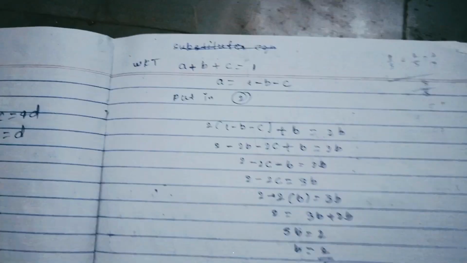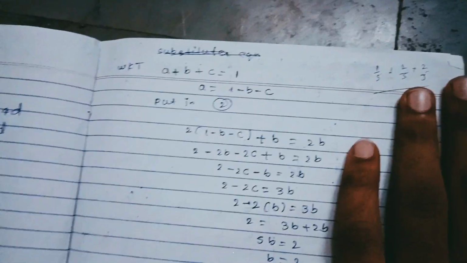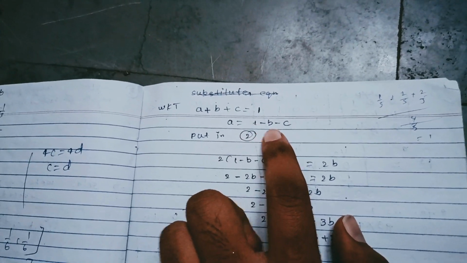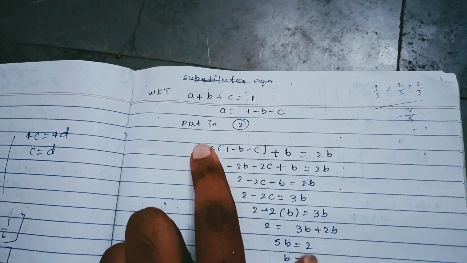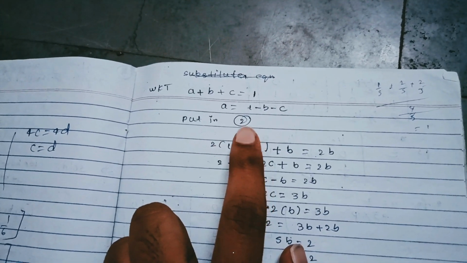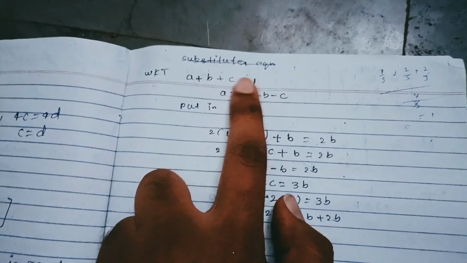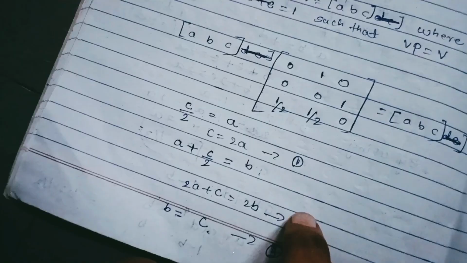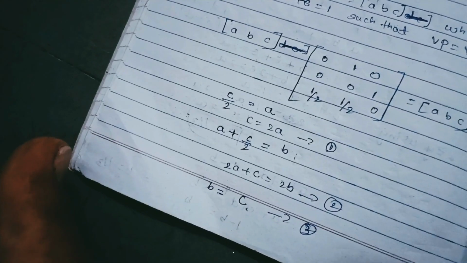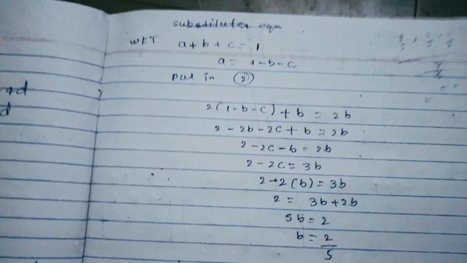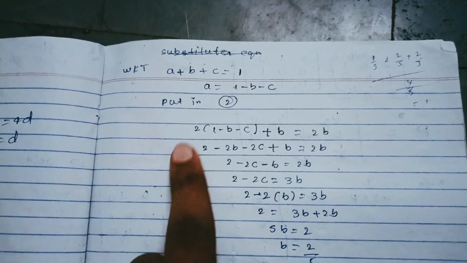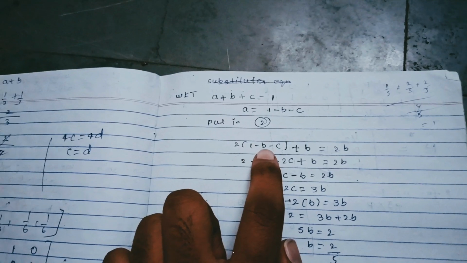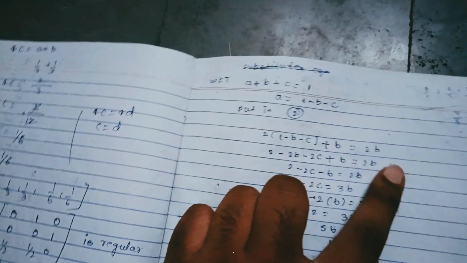We know that a plus b plus c is equal to 1, so a is equal to 1 minus b minus c. Putting this in equation 2, in place of a we have 1 minus b minus c plus b is equal to b.